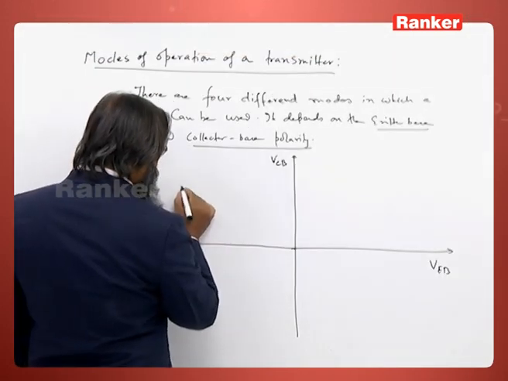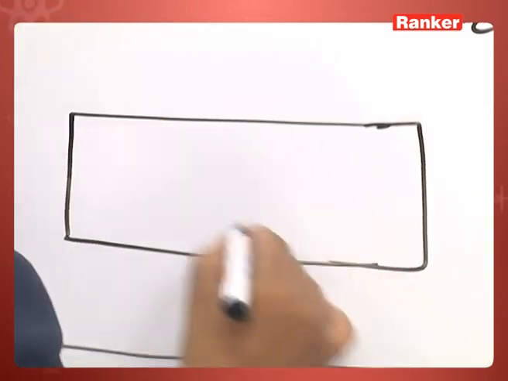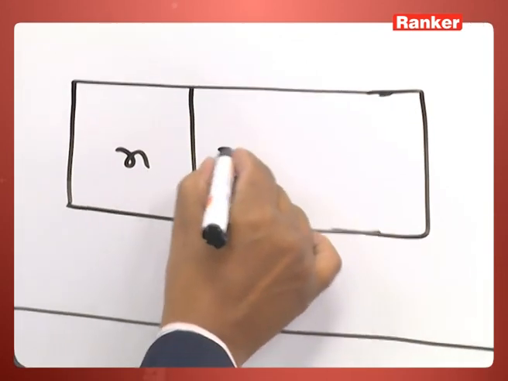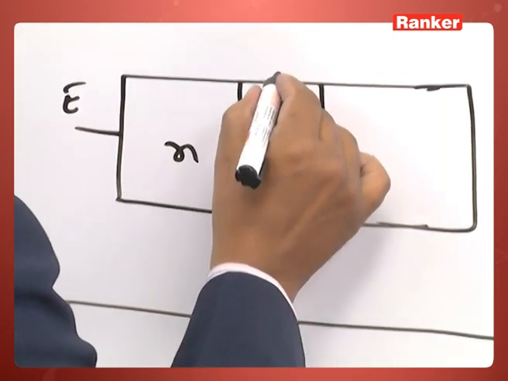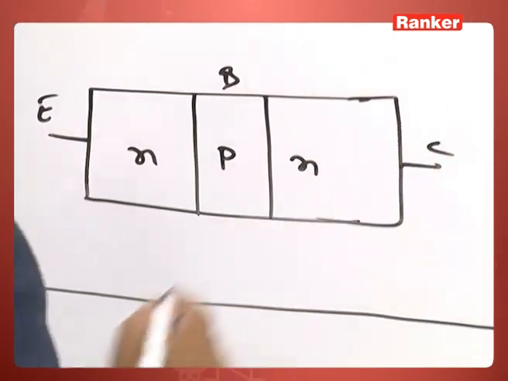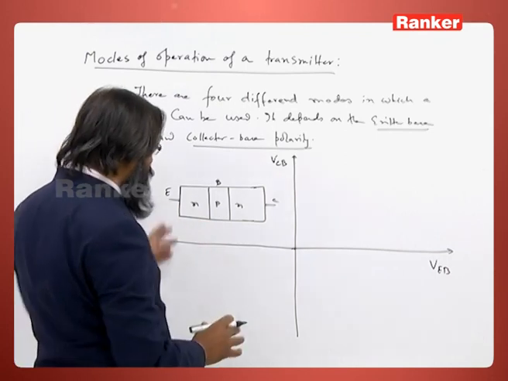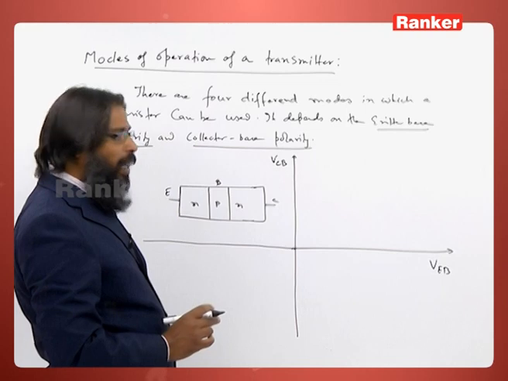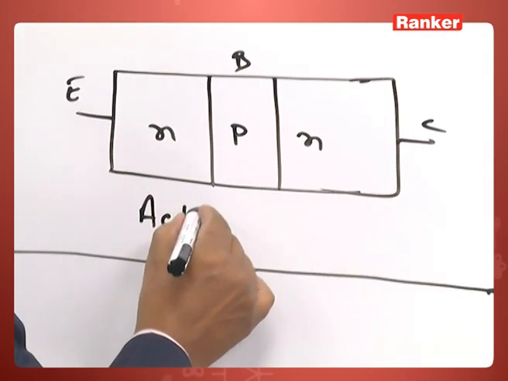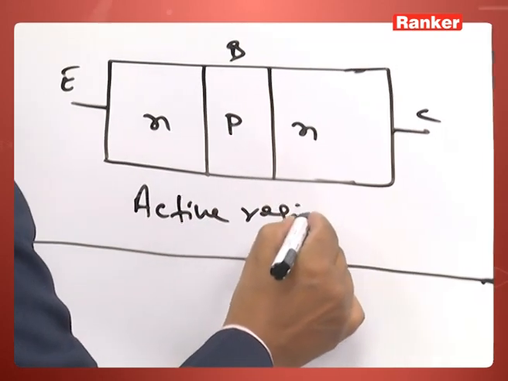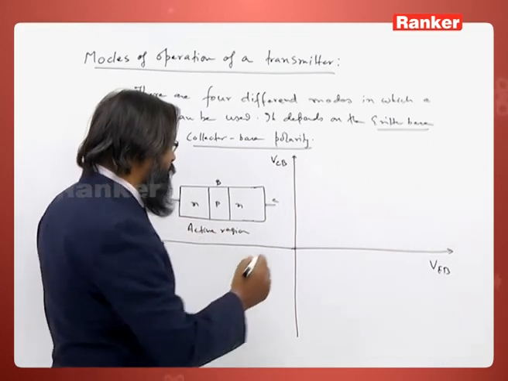So, if we have a NPN transistor, with this as emitter, base and collector, then here this is forward biased and this is reverse biased. So, this is called active region.